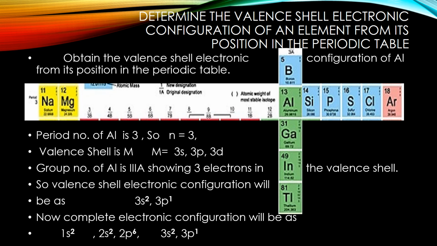And the valence shell configuration, as we have found, is 3s2 3p1. So the complete electronic configuration for aluminium will be 1s2 2s2 2p6 3s2 and 3p1. So we calculated this electronic configuration from the position of aluminium in the periodic table.